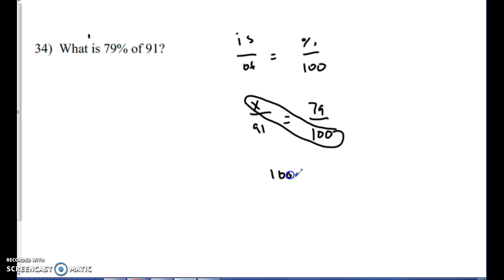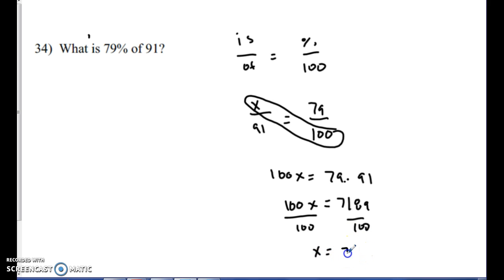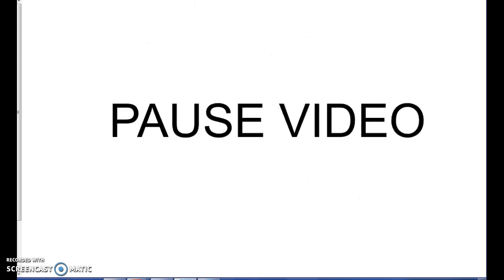I have 100x equals 79 times 91, which was 7,189 equals 100x. Divide both sides by 100. And I get x to be 71.89. I'm going to ask you guys to try the next four for me.